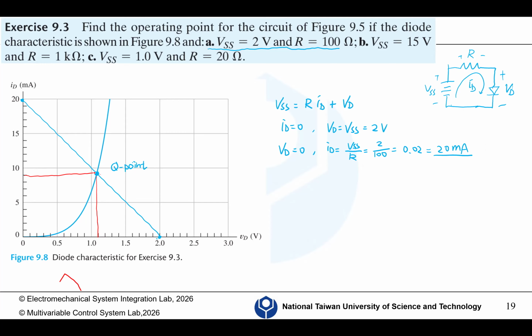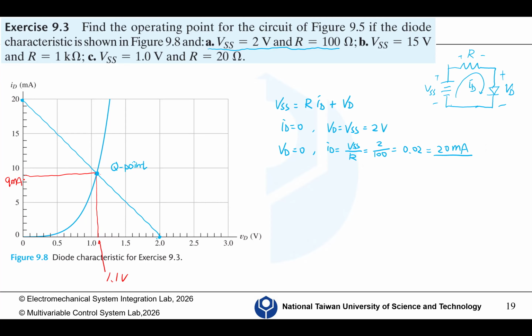Approximately, the value here should be about here, about 1.1 volts, and the current is about 9 milliampere. Is it the same as the solutions? Let me check.